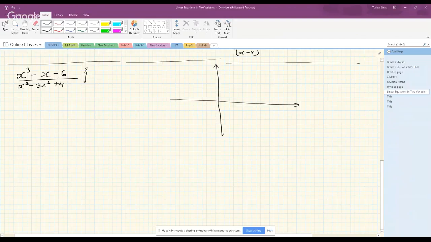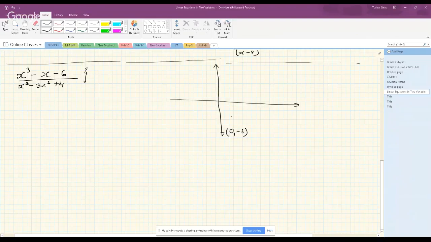Let's take the numerator. If you put x equals 0, it gives you minus 6. So this will be the point, 0 comma minus 6. And if you put x equals 1, you will get 1 minus 1, 0, and minus 6 again. So 1 comma minus 6 somewhere.